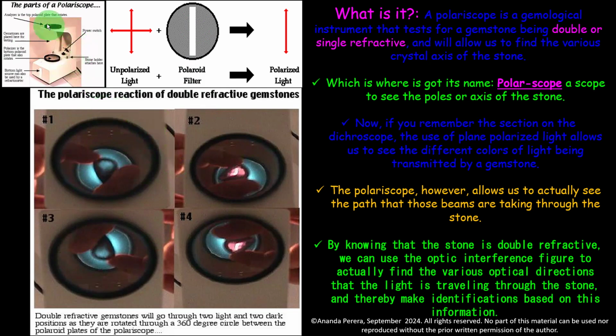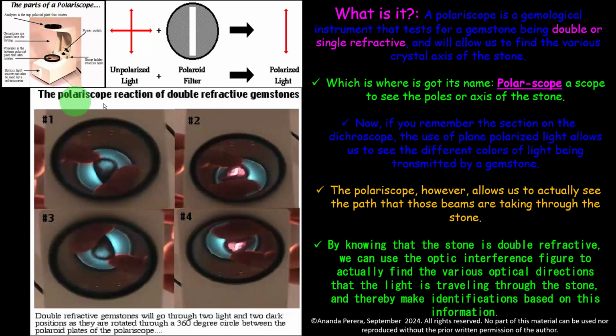This is one filter, a Polaroid filter. This is another filter. In between these two filters, we place the stone. The light source comes through here. Light goes through this filter, enters the stone, goes through again, and comes to our eye. We have to rotate this stone, or we have to rotate the eyepiece.